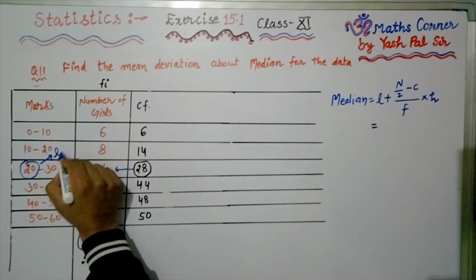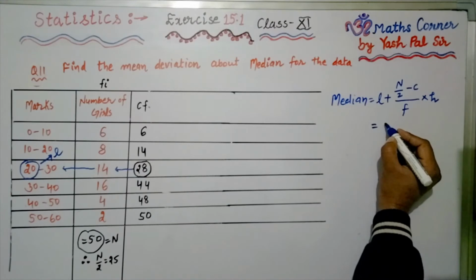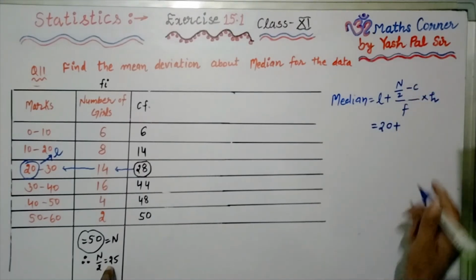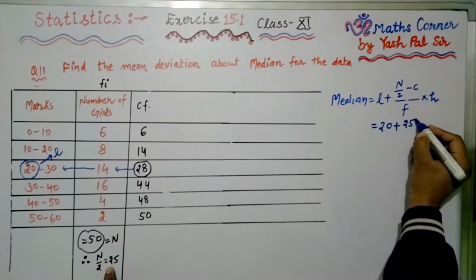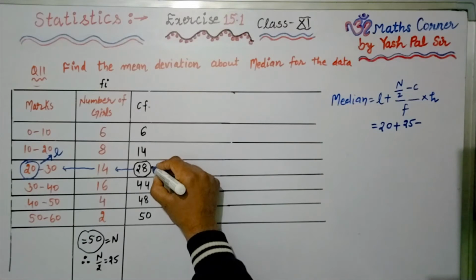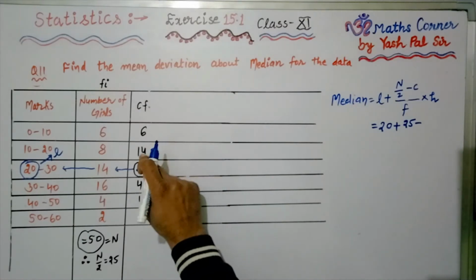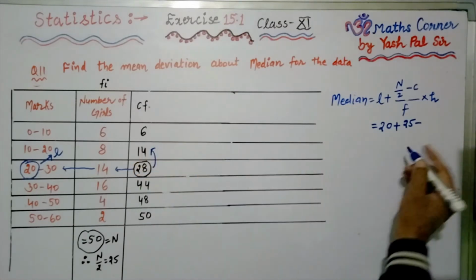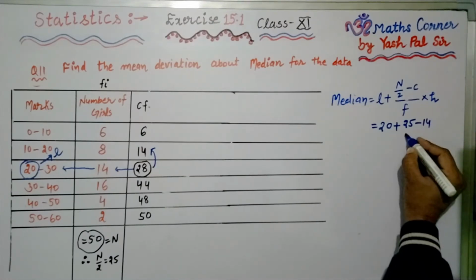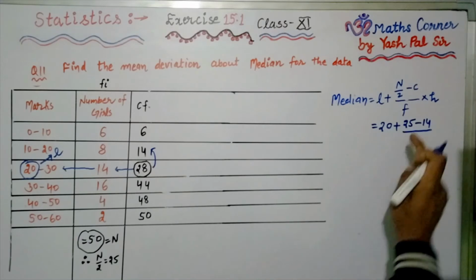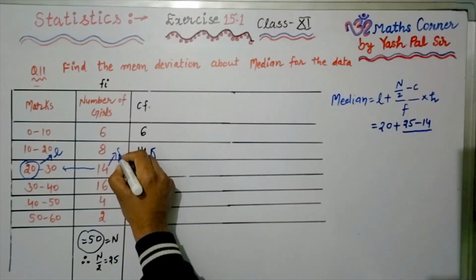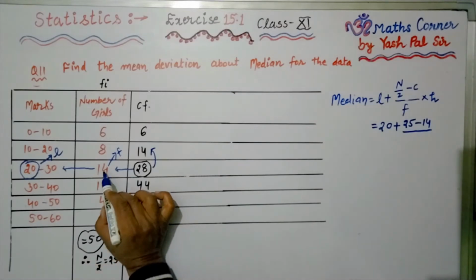From here, the lower limit is called L. So L is 20, plus n by 2, this is 25, minus C. C means the one above this, this is 14, whole divided by f.